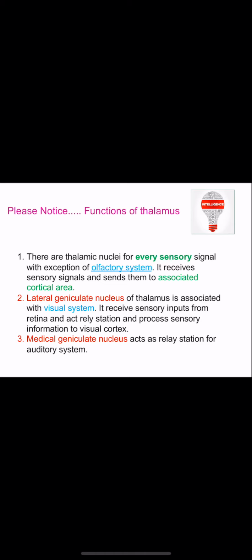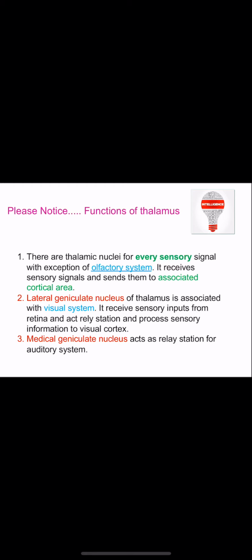The lateral geniculate body, as a part of the thalamus, is also concerned with the visual pathway as mentioned, and receives sensory input from the retina as a first order neuron, acts as a relay station, and processes the sensory information to the visual cortex in the cerebral cortex.